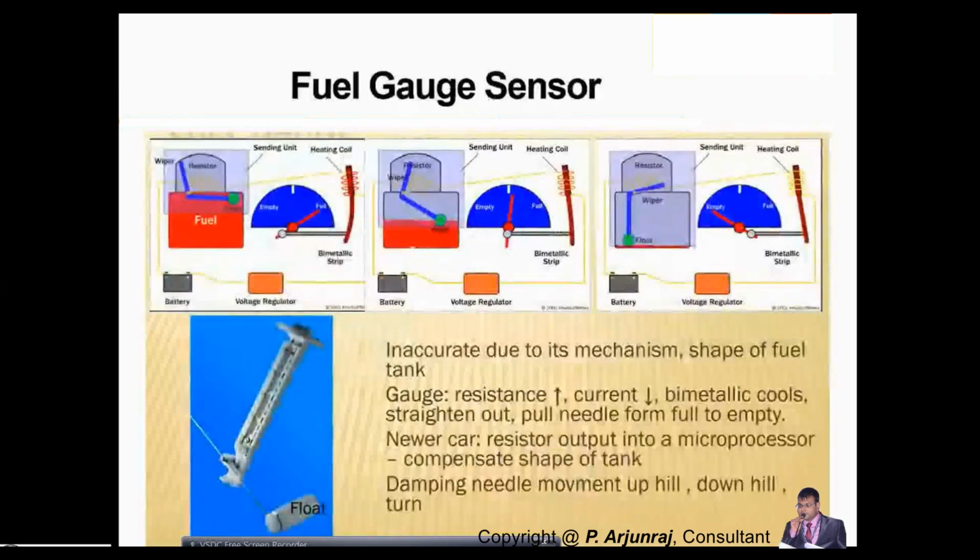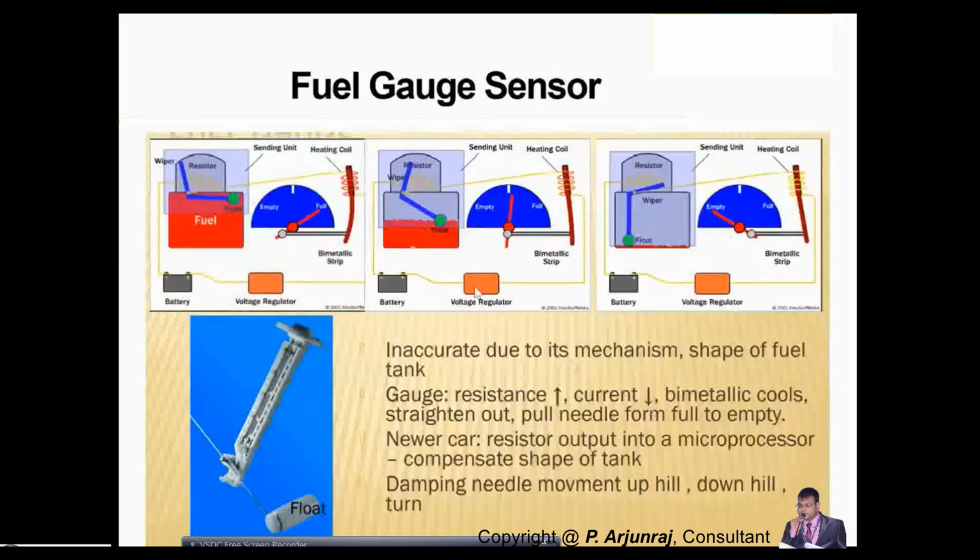This is a fuel gauge sensor, which will sense the fuel level and also help ensure that the required level is maintained in the fuel tank.